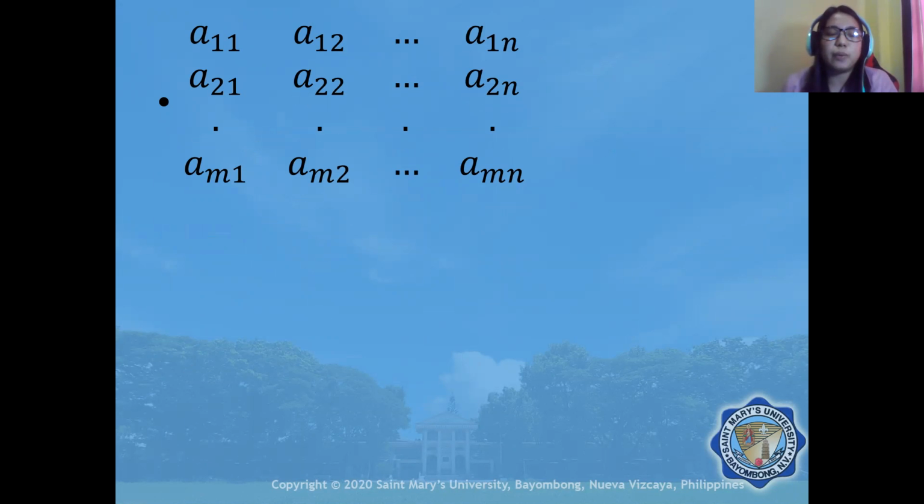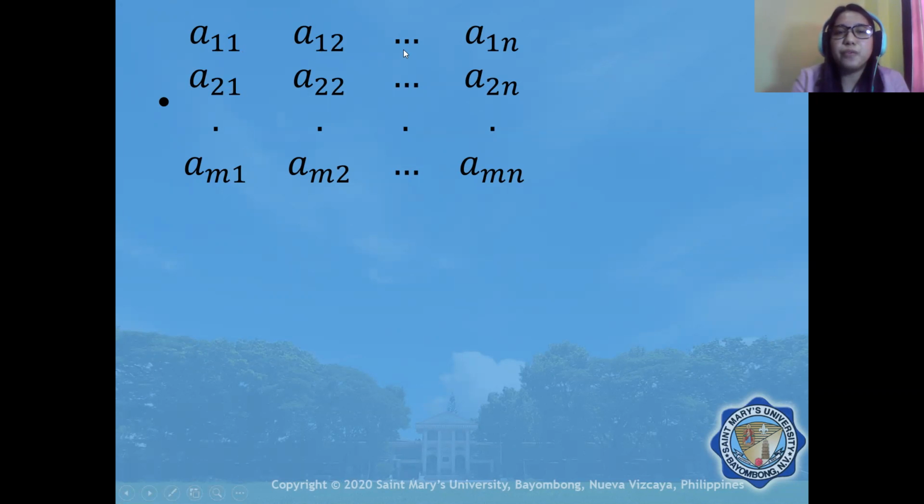A is equal to a sub 1,1, or we can also make use of a sub mn, where m represents the number of rows as mentioned and n represents the number of columns. So a sub 1,1 means that it is located at row number 1, column number 1.